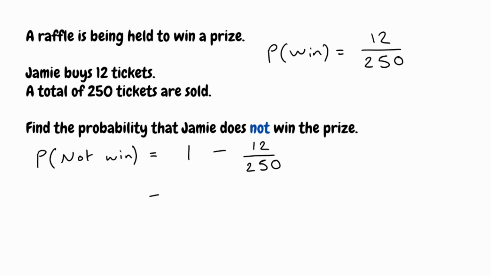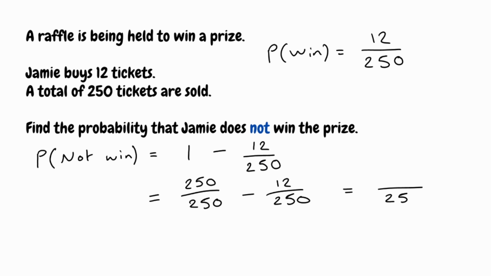So because now I'm subtracting a fraction, I can write this 1 also as a fraction with a common denominator. So for a common denominator of 250, 1 is equivalent to 250 over 250. So we're still taking away this 12 over 250. So now we're subtracting fractions. The denominator is going to stay the same.